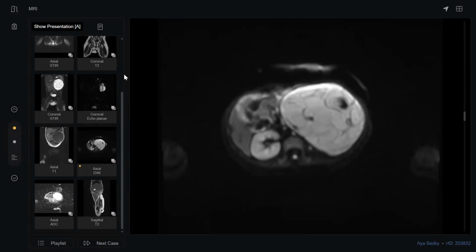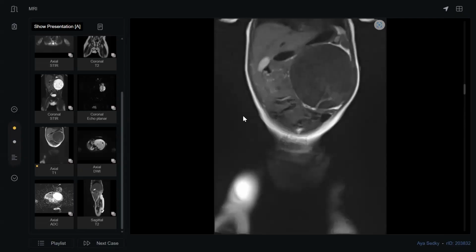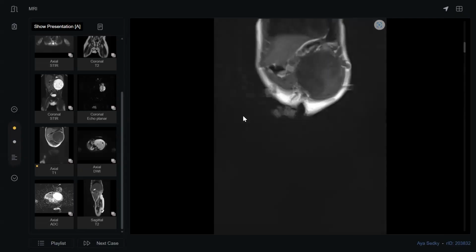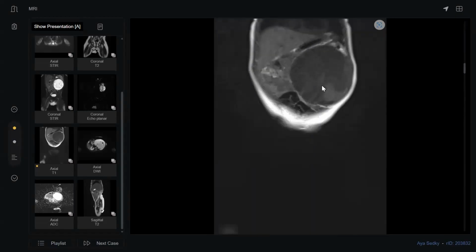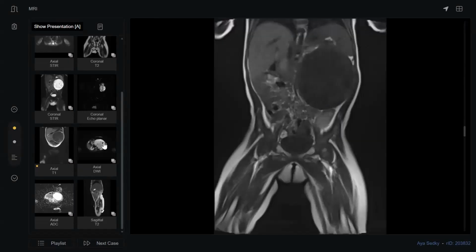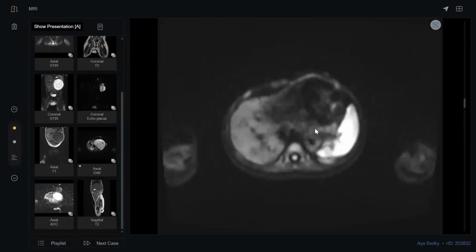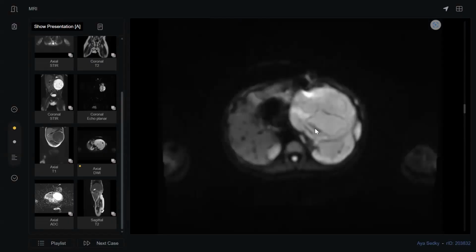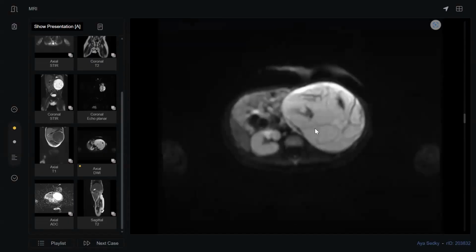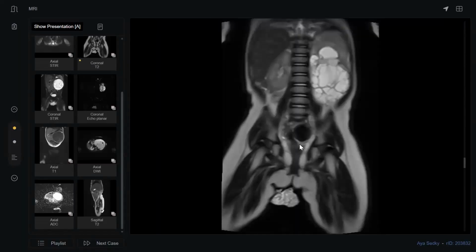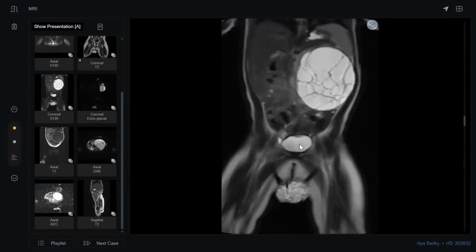My colleagues, this is a case of pediatric cystic nephroma. Unfortunately, we didn't have any post contrast, but in T1 we have some hemorrhage, and no solid component could be detected, even in the diffusion weighted image. This is the criteria of pediatric cystic nephroma. For the other differential diagnosis, be intelligent.